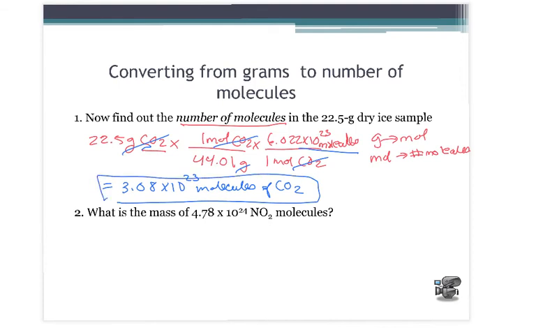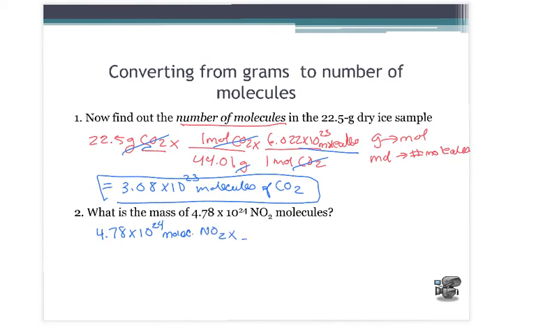Okay, now this time we're going to figure out what the mass is of 4.78 times 10 to the 24th nitrogen dioxide molecules. So again, we have to start with what we're given. 4.78 times 10 to the 24th molecules of NO2.